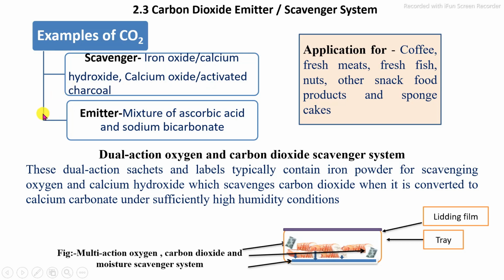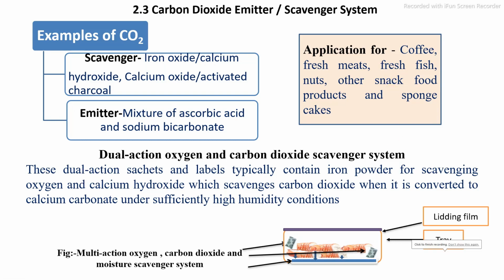In the emitter system, carbon dioxide is emitted inside the packed product, involving additives ascorbic acid and sodium bicarbonate. Specific applications are mostly in fresh food packaging, such as packaging of coffee, snack foods and nuts.